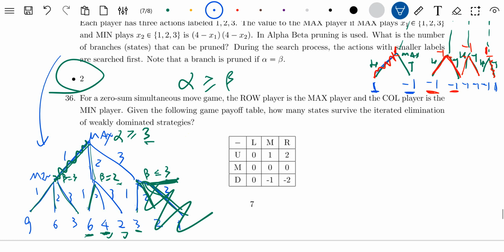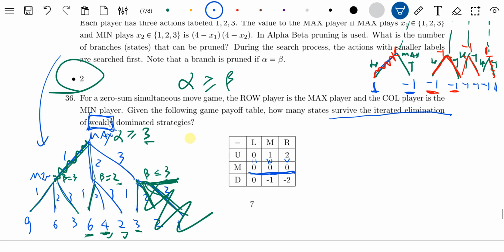Okay, so next one is finding the states that survive iterative elimination of weakly dominant strategies. So here is weakly dominant strategies, which means as long as one column or one row is completely less than or equal to another column or another row, then that column or row is eliminated. So for example, 0, 0 is equal to 0, 0; 0 is less than 1, 0 is less than 2.